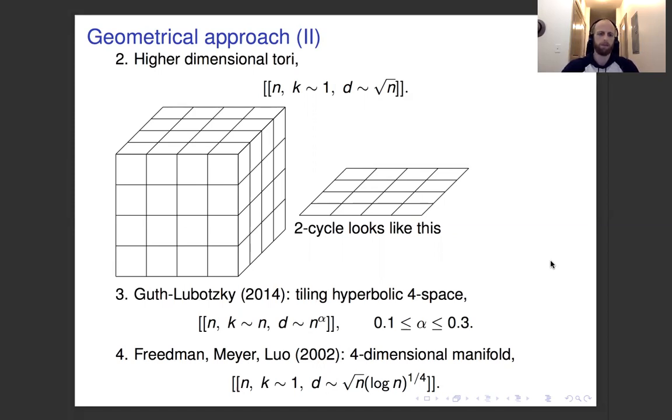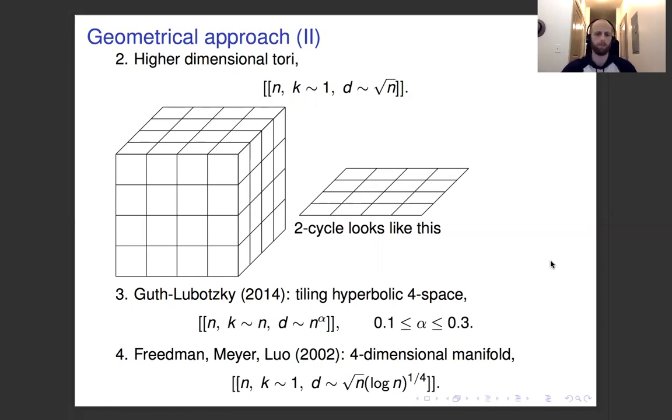And the first work that really breaks through the square root of n barrier is due to Friedman, Meyer, and Liu, who considered four-dimensional manifolds and showed that you can find in some of them quantum codes whose distance is square root n times log n to the power of 1/4.